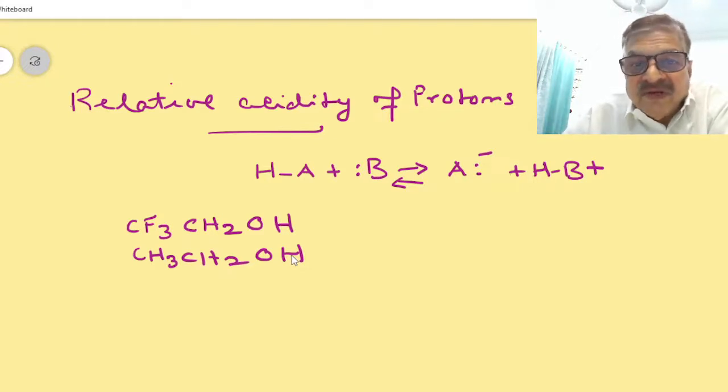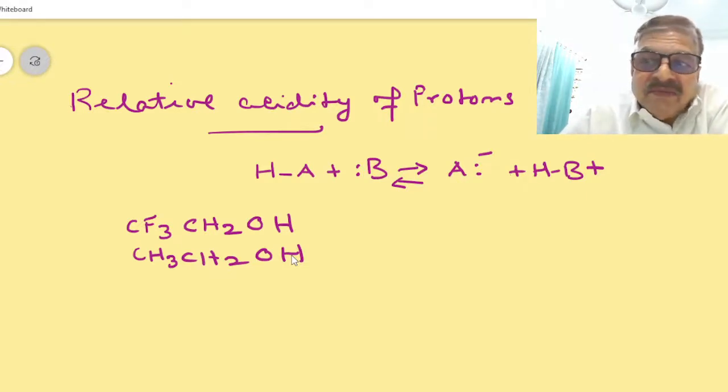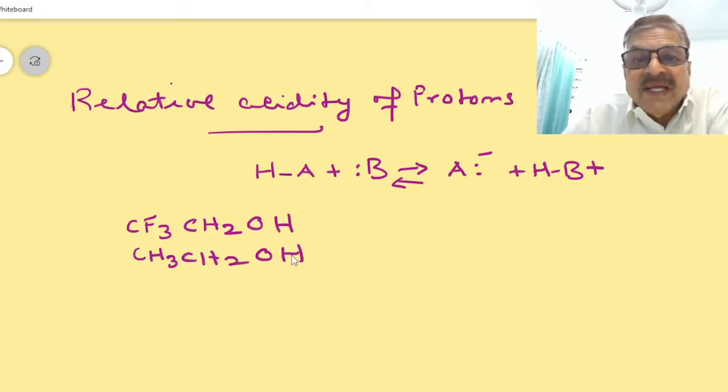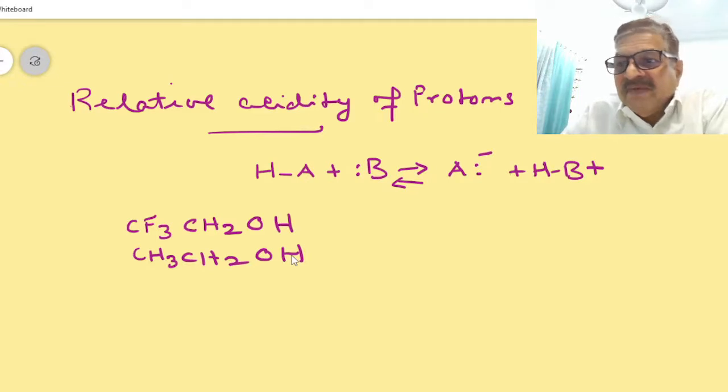There are two aspects which we are going to discuss now: one is the hybridization of the conjugate base A-, and the other is the resonance stabilization of the conjugate base A-. Now, for the most common H-A bonds, first we should identify the atoms bonded to the hydrogen atoms, and then we have to see the periodic trends to determine the relative acidity. That is one method we have to adopt.